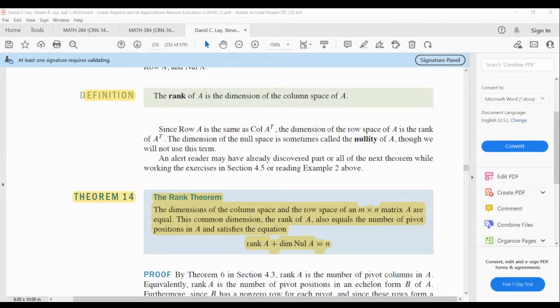This rank theorem from section 4.6 is really the key part of section 4.6, but section 4.6 has some theoretical problems in it that are important too. So we'll continue section 4.6 on Wednesday.